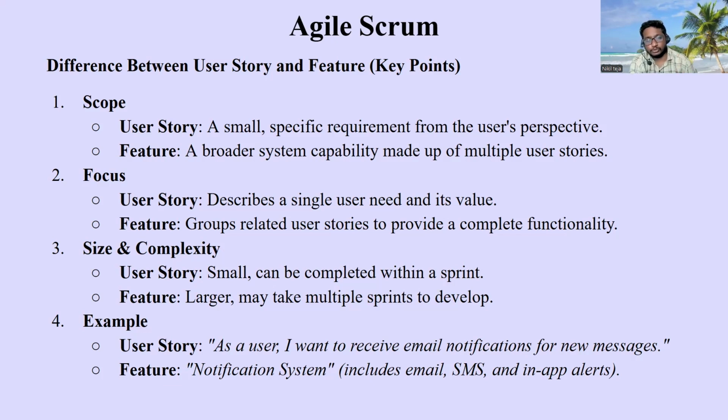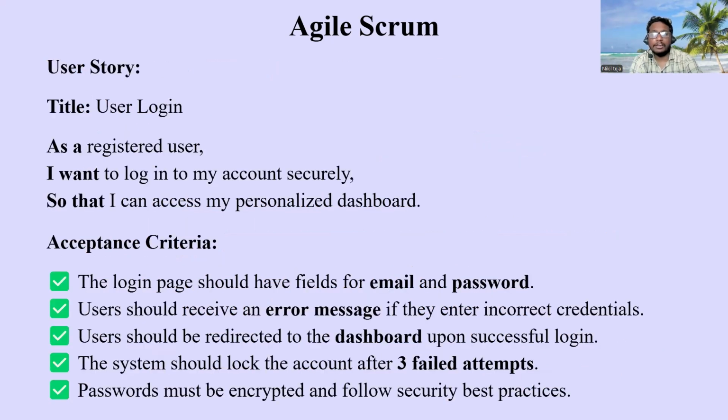The combination of user stories is the notification system, which includes email, SMS, and in-app alerts. So this is the difference between a user story and a feature. The main difference is that a user story is one particular thing, and a combination of multiple user stories is the feature. This is also the format of the user story.